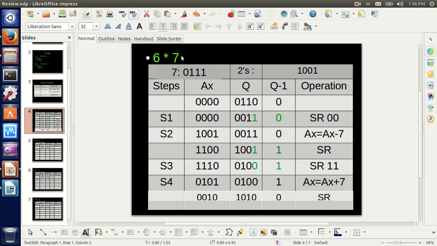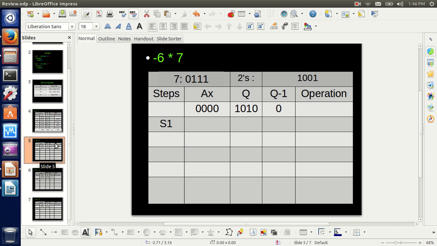This is one case where I had this. This is another case where I have the multiple as -6. The 7 is not going to change. This is the 7. This is the two's complement of the 7. But now what do I do to the -6?